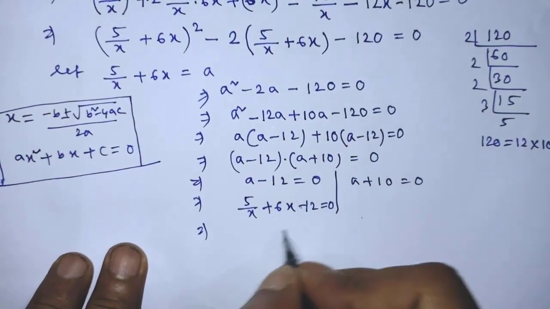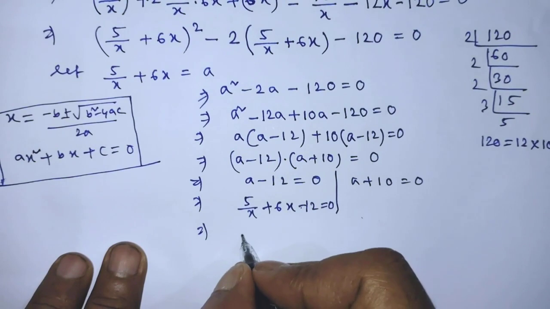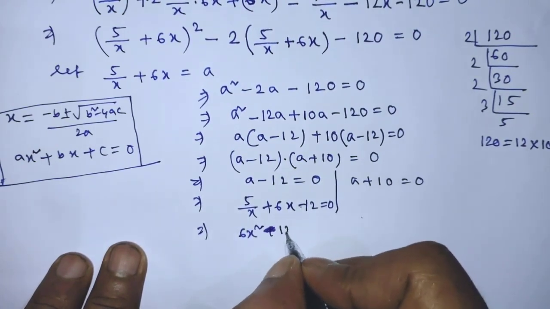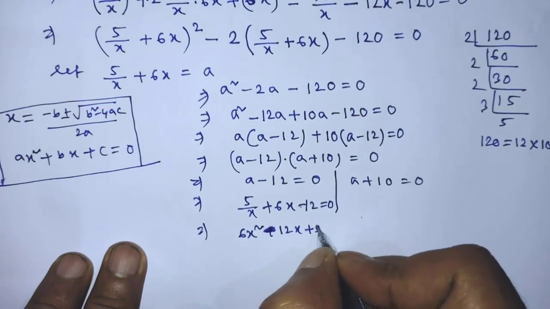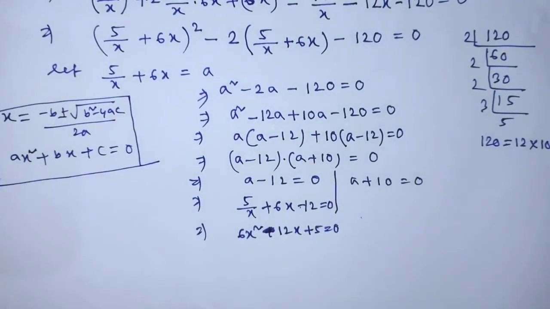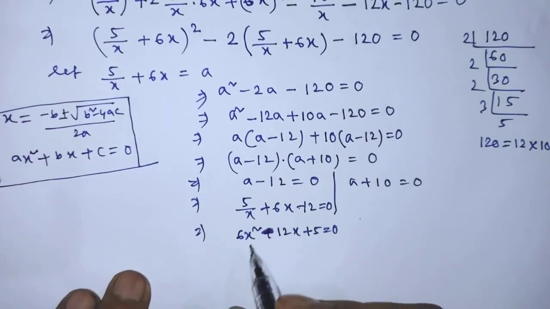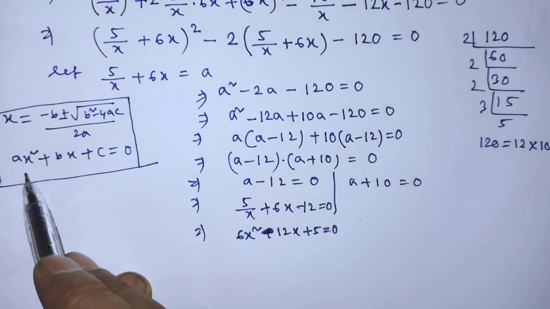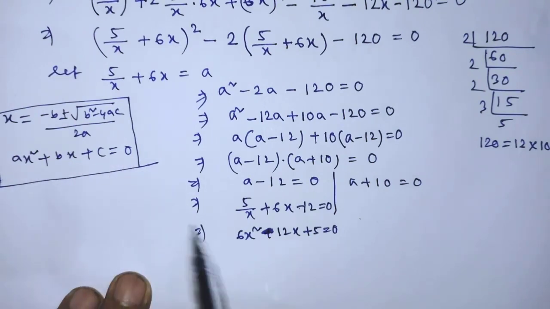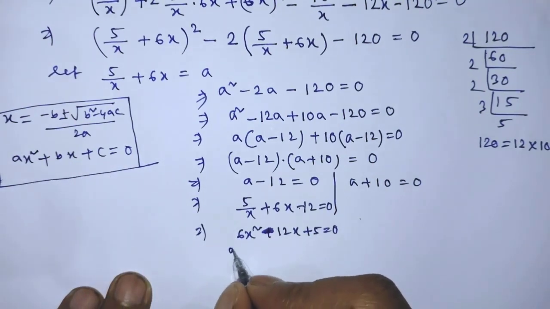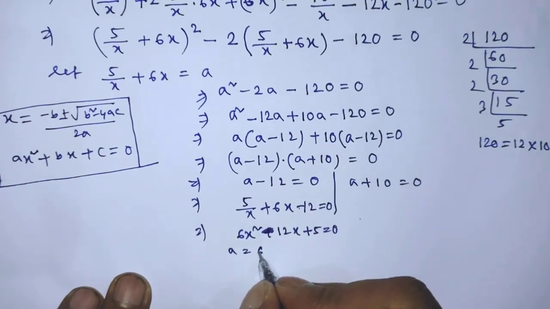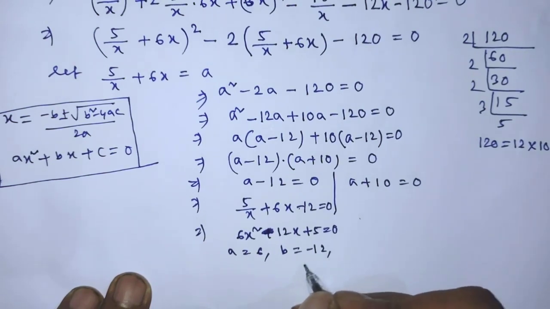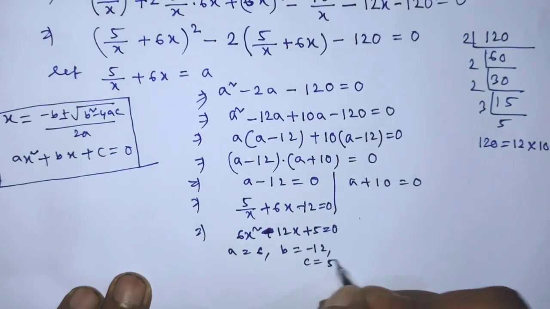So after calculation, we can write from the left hand side of this equation 6x square minus 12 times x plus 5 is equal to 0. So guys, we have to compare this equation with ax square plus bx plus c. So we can write in here a is equal to 6, b is equal to minus 12 and c is equal to 5.